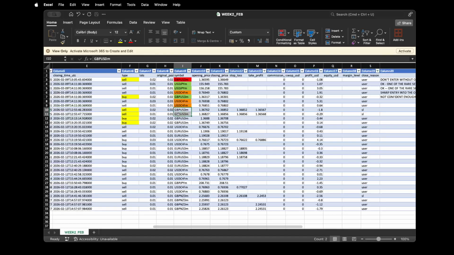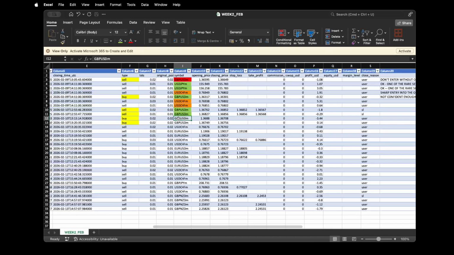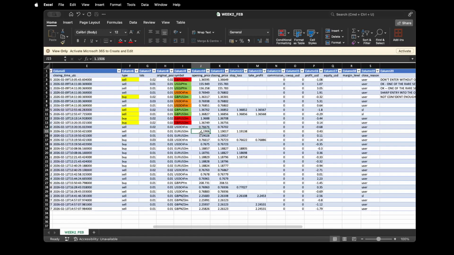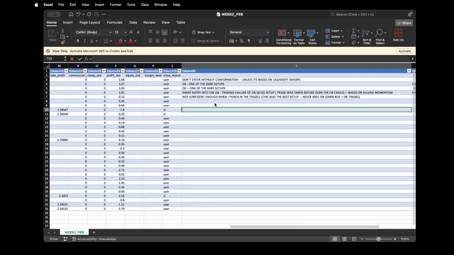So the sell, this was green, but this is where my psychology got a bit messed up, not too much. So, learnings from GBP USD.